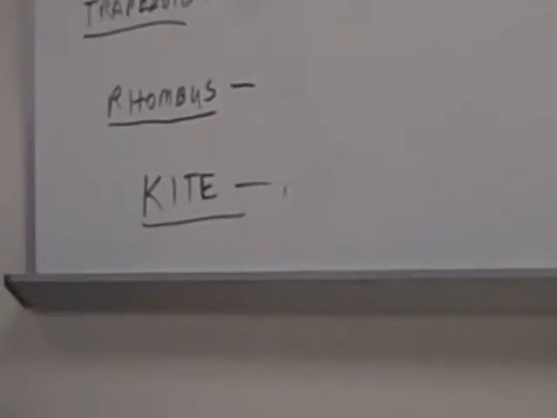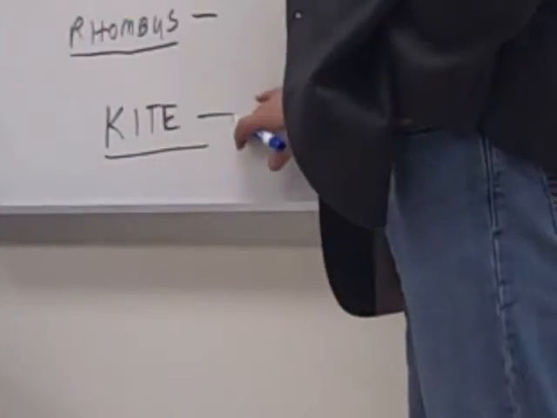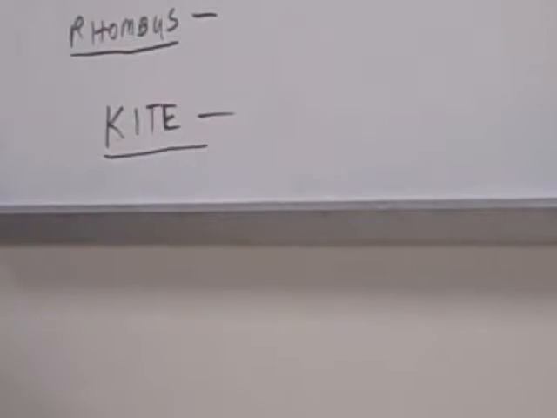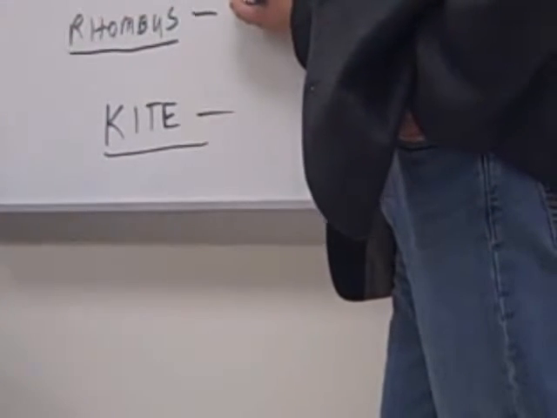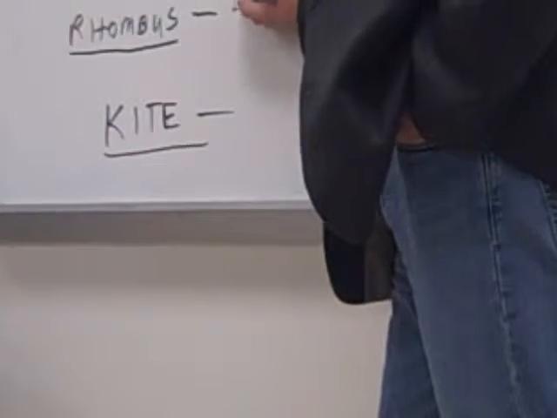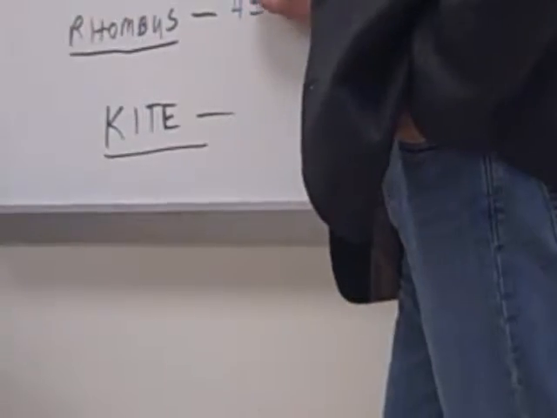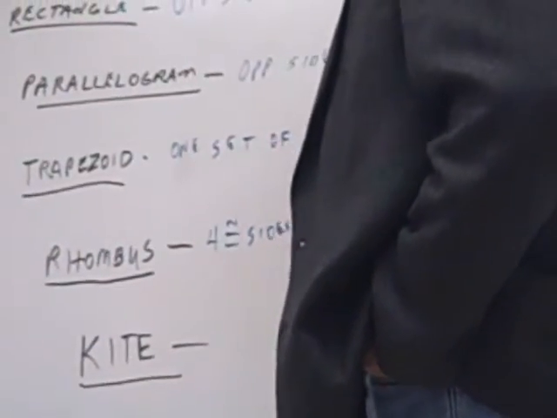Rhombus. I don't think we did this one. We didn't do a rhombus several weeks ago, so this one should be new. You know what it is from last year. Rhombus. Four congruent sides. Squash square.